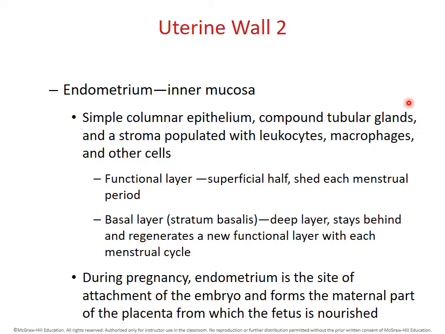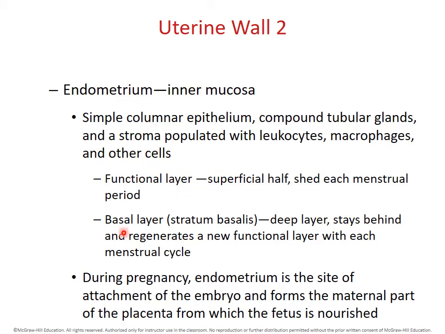Most people accept that they play a role in implantation, providing the proper environment for a fertilized egg, a zygote, to implant, and then they also play some role in secreting nutrients for the developing embryo, especially before the placenta develops. There's some evidence also that these tubular glands might contribute to some of the structures associated with the developing embryo, various membranes like the chorion and the amnion, and so on.